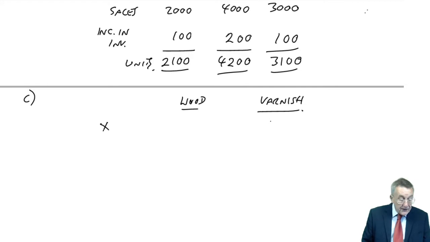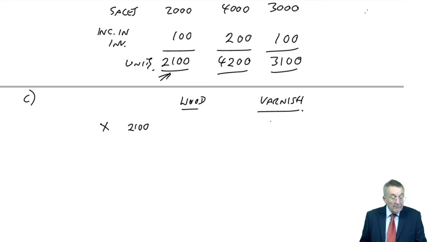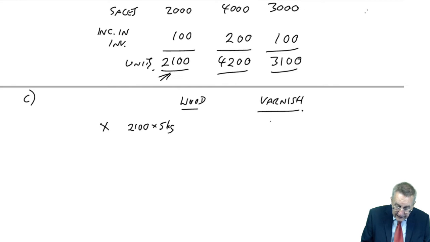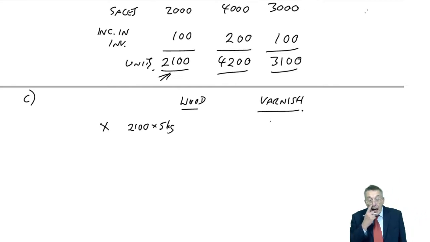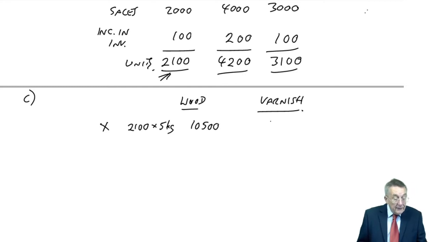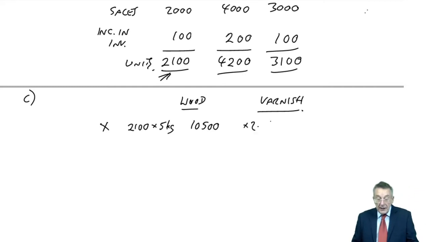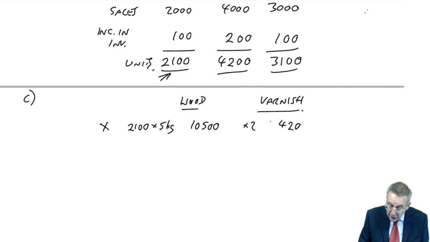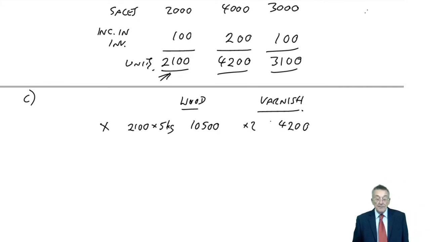Well, product X, we're producing 2,100 units. Each one needs 5 kilos of wood, and so for wood, we'll need a total of 10,500 kilos. Varnish, may as well do at the same time, it needs 2 litres. So 2,100 units at 2 litres, we need 4,200 litres of varnish.